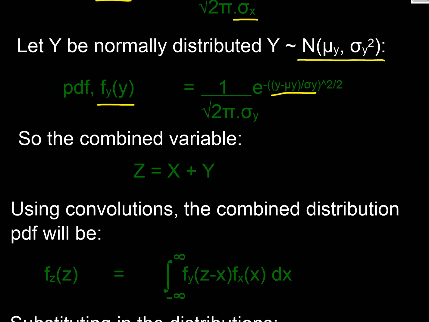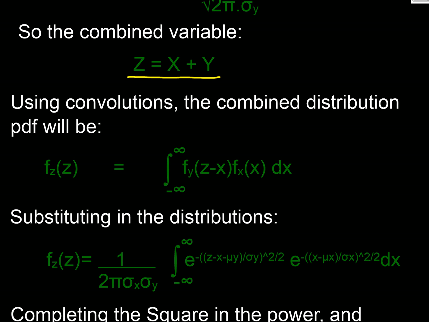So we can look at the combined variable z as being x plus y, and we can now use convolutions to find what the PDF of that is going to be.